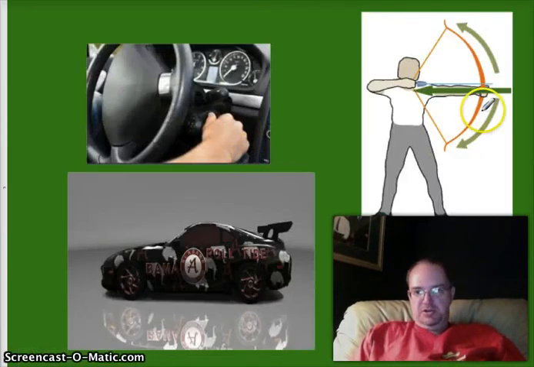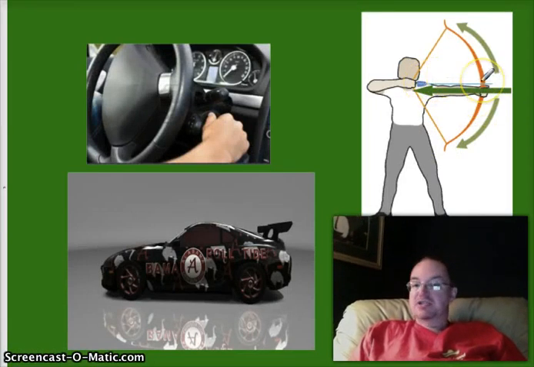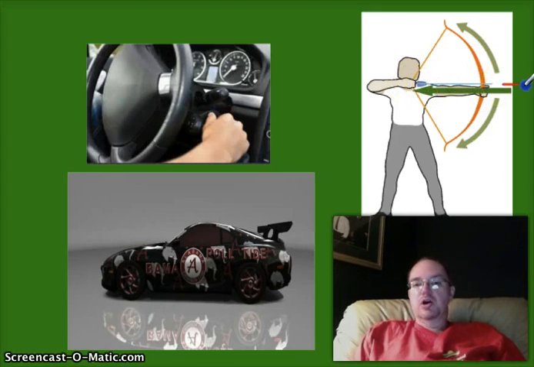Let's take a look at this person with the arrow. Right now the arrow is still. So it looks like the arrow is not doing any actual moving right now. But when this guy lets go of the string, it's going to go a long way and create energy.